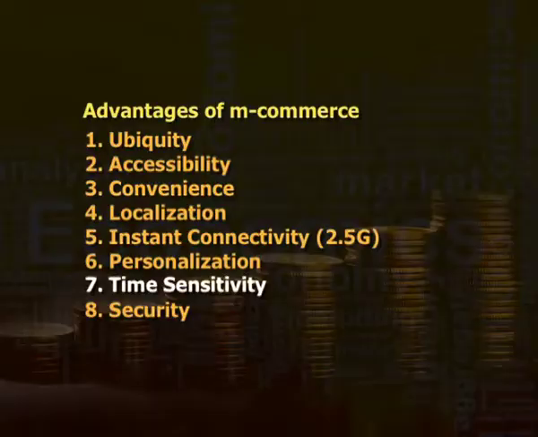Personalization will take the form of customized information, meeting the user's preferences, followed by payment mechanism that allow for personal information to be stored, eliminating the need to enter credit card information for each transaction. Then time sensitivity. Access to real-time information such as a stock code that can be acted upon immediately or a sale at a local boutique.